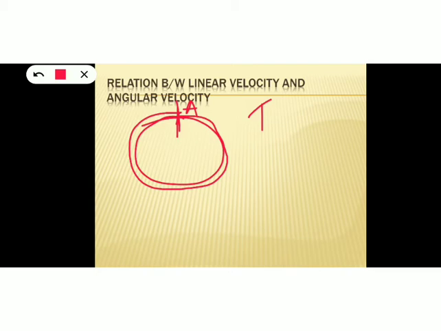And the next important term related to circular motion is frequency, nu. So what do you mean by frequency nu? It is the number of revolutions made in 1 second. Suppose in 1 second the object could complete 3 revolutions, then what will be the frequency of that object? It will be 3. Or in 1 second, if the object completes 5 revolutions, then the frequency will be 5.